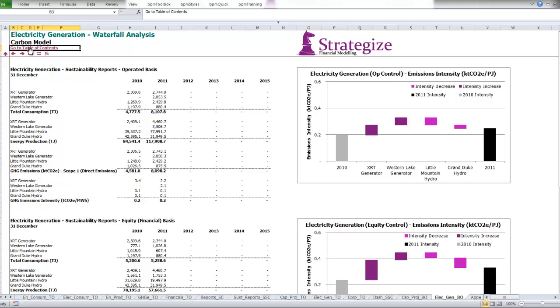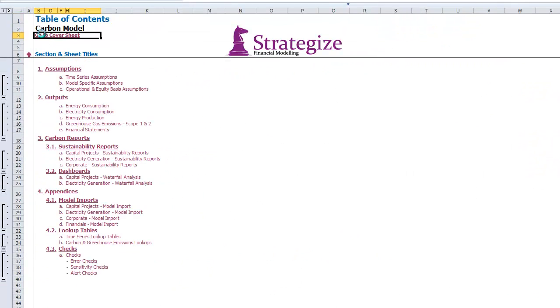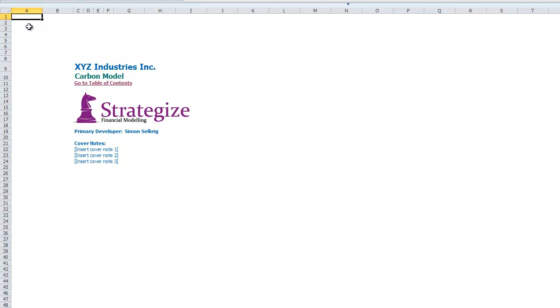So that's essentially, in a nutshell, a base carbon model which you can establish for your company. In later posts, I'm going to provide more detailed analysis, such as undertaking carbon forecasting, and more high-level analysis such as waterfall charts, to show you the power of carbon reporting models.